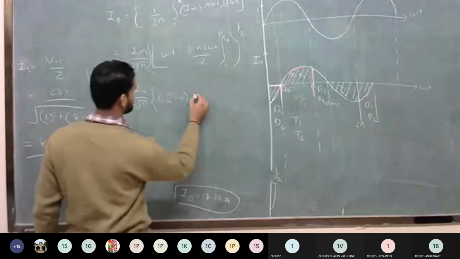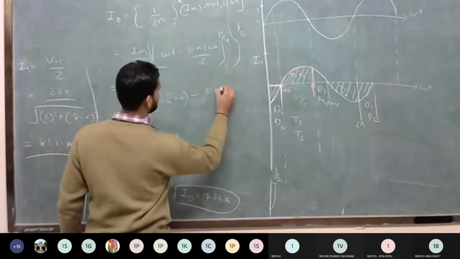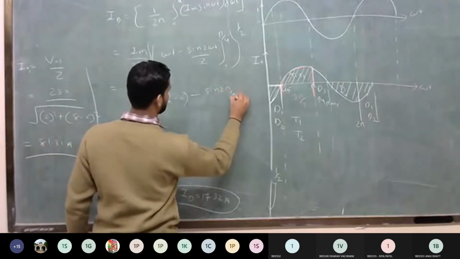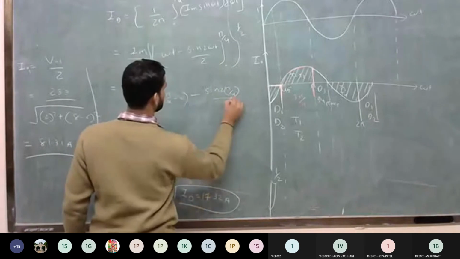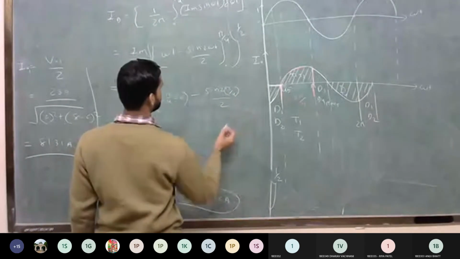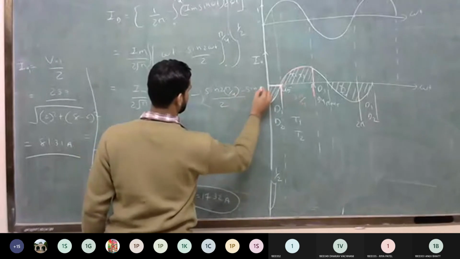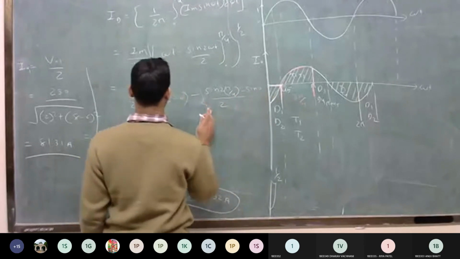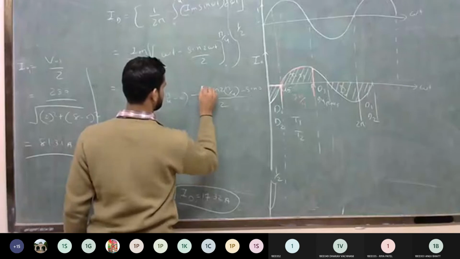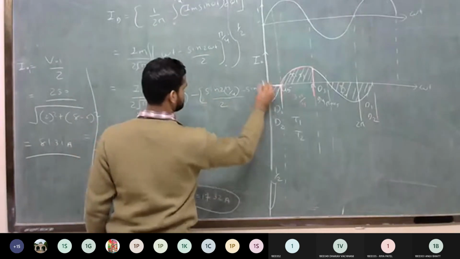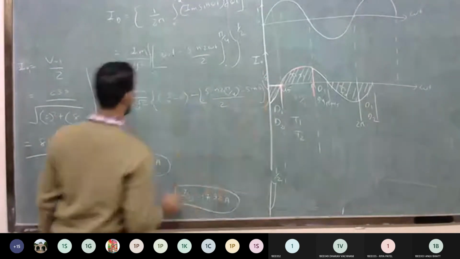See, pi by 4 minus 0, minus sin 2 pi by 4 divided by 2, minus sin 0, which remains 0, raised to 1 by 2.